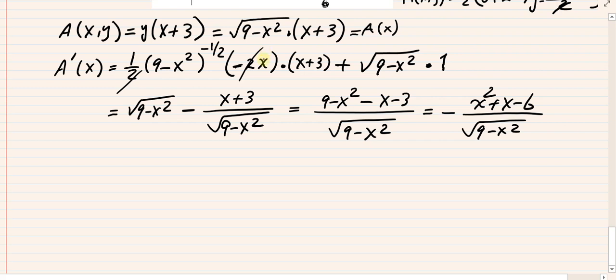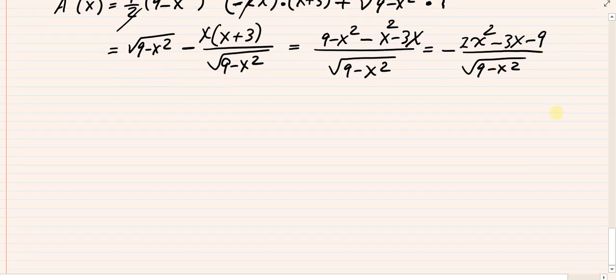The x here, I need to multiply this times x. I'm sure most of you caught that. So that means this is going to be 9 minus x squared, negative x squared, and then negative 3x. That's better. And that's going to be negative 2x squared minus 3x. You have negative 3x, and then of course negative 9. Now it's better. Okay, so that's our derivative.